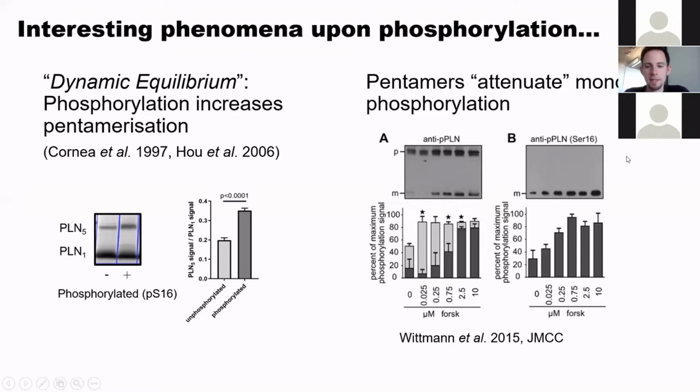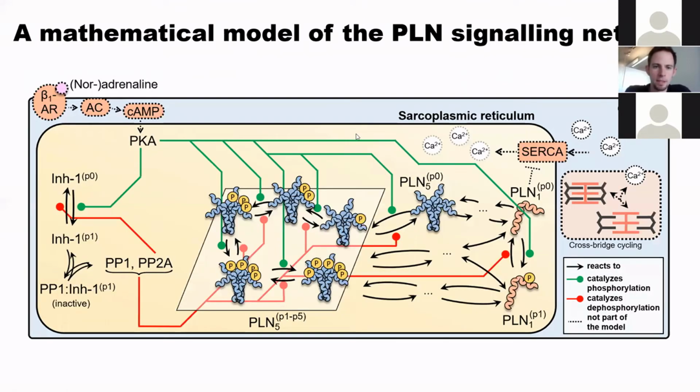Now, for my study, I decided to follow a somewhat different approach to what others have done so far with phospholamban, which is to develop a mathematical model of the phospholamban signaling network in order to make sense of all these different phenomena. In this model, I included the SERCA inhibitory species, or the monomers, and their phosphorylated state.